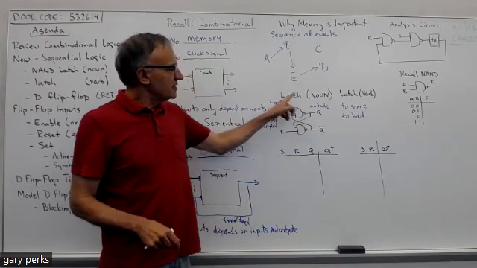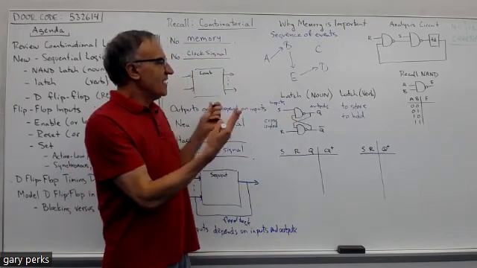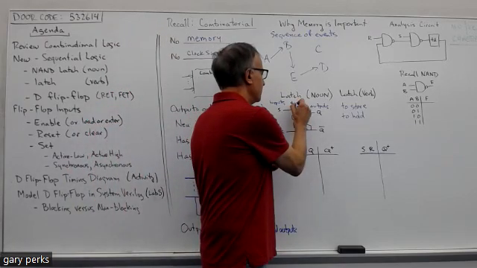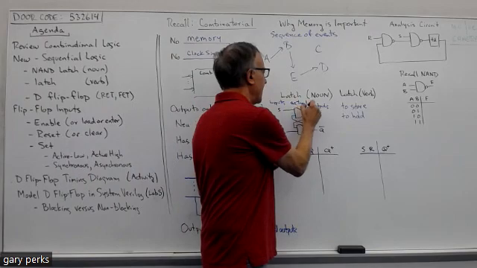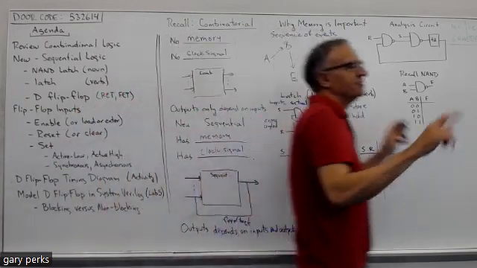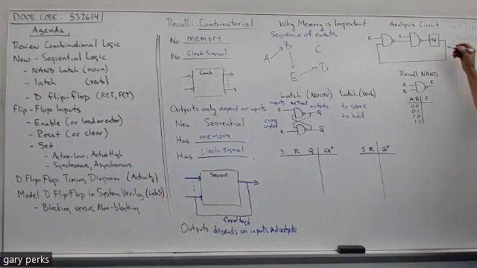Now, this diagram here of the cross-coupled NANDs, that's the actual latch circuit. Up here, I have another diagram with the two NAND gates, and then it has this block with TD. TD stands for time delay.